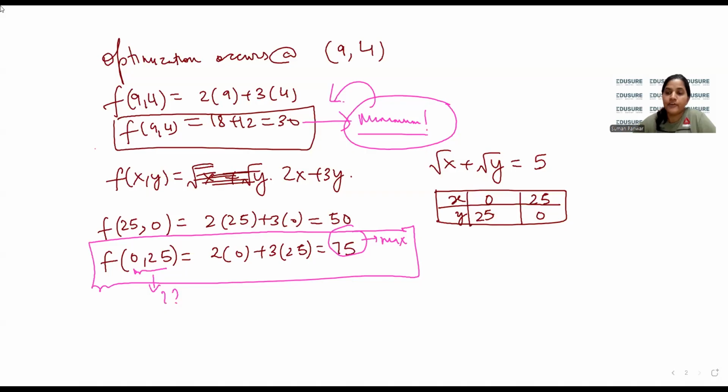So basically what has happened is this. We got the candidate for the minimum value, but we did not get the candidate for the maximum value. Now, what is the reason?